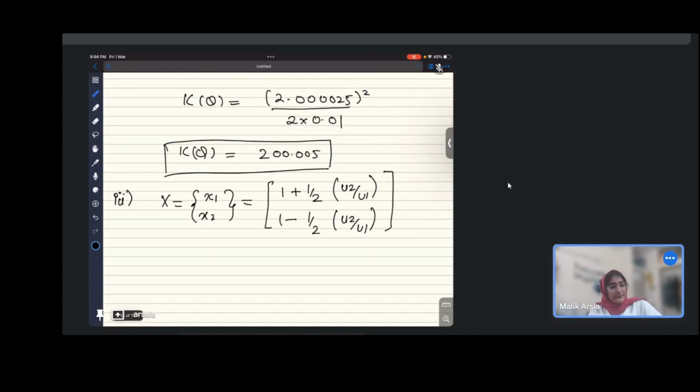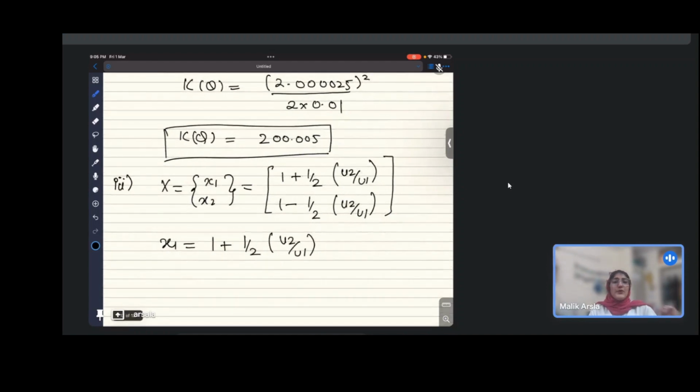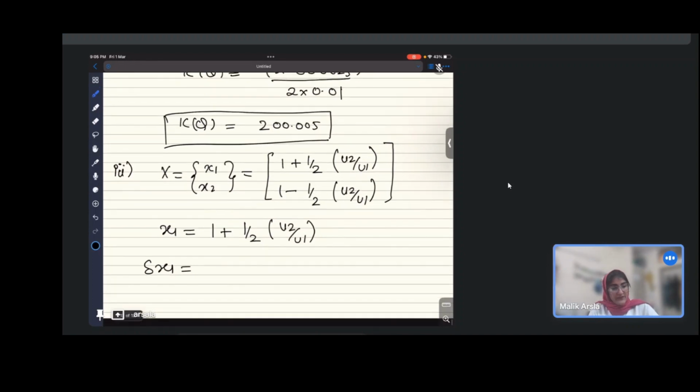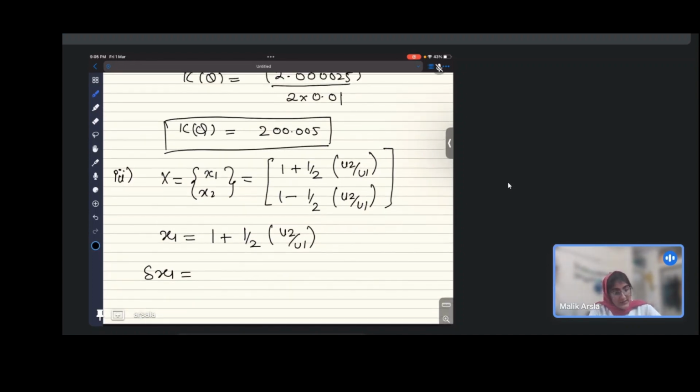Now x1 is 1 plus 1 by 2 u2 by u1. What we have to find is the change in x when we change either u1 or u2. So we will differentiate this. So del x1, the partial differentiation, will be something like this.